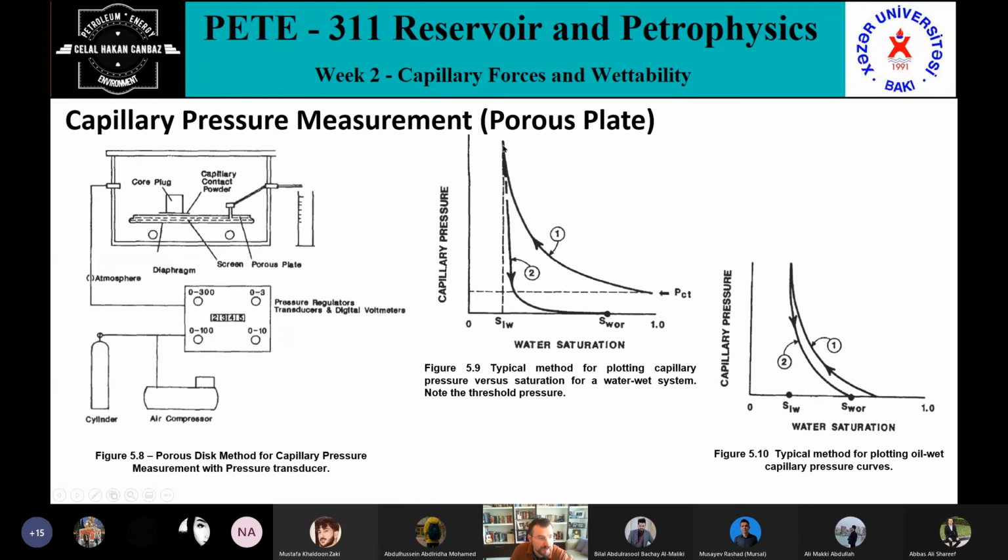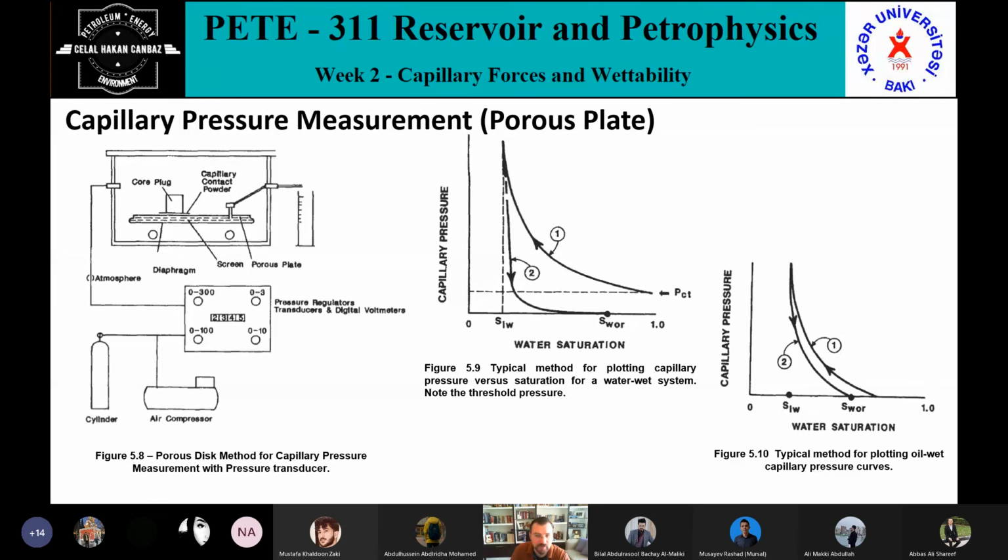Then, in the second path, we make the reverse until we reach residual oil saturation. So I get two curves.